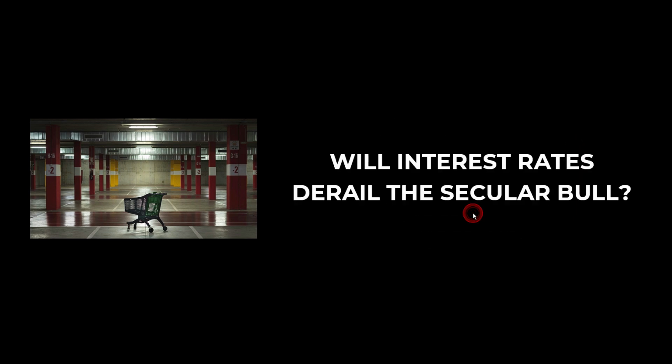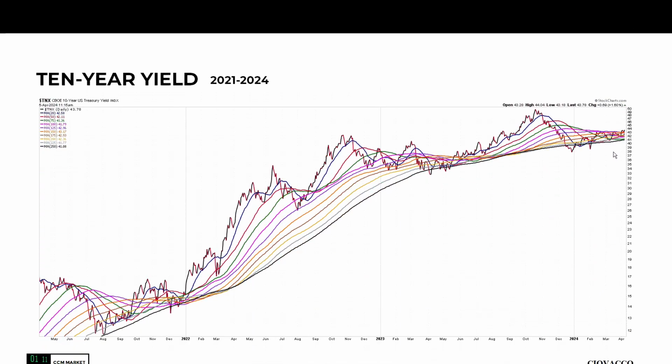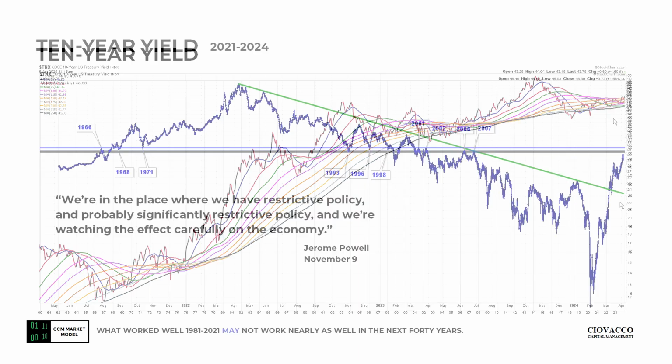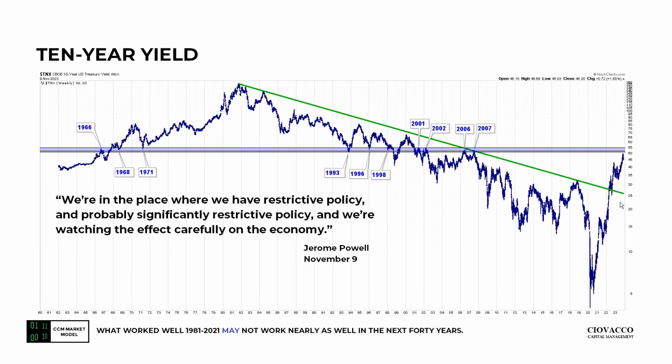Now let's shift gears to interest rates. 10-year yield Friday, April 5th at 11:15 a.m. Eastern Time after the stronger than expected labor report. Trend in interest rates remains up, which is not particularly surprising to any of us, because the base case says the secular downtrend in interest rates that began here in the early 1980s most likely ended in late 2021, early 2022.